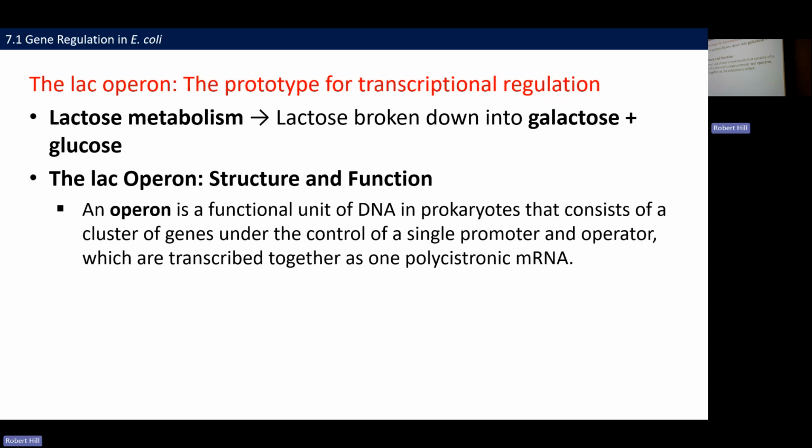The generic makeup of an operon is a promoter, and then it's followed by structural genes. So the promoter is regulating expression of these. If RNA polymerase and sigma factor bind to the promoter region, transcription will be on, and you will get expression of the structural genes, that's proteins.